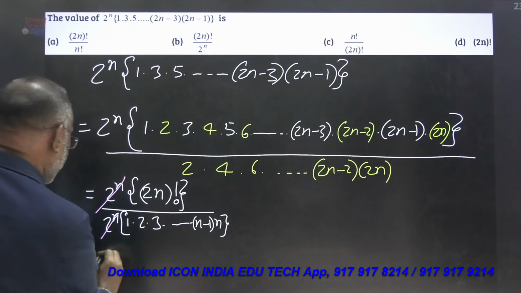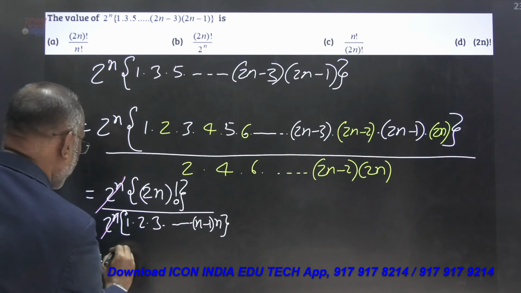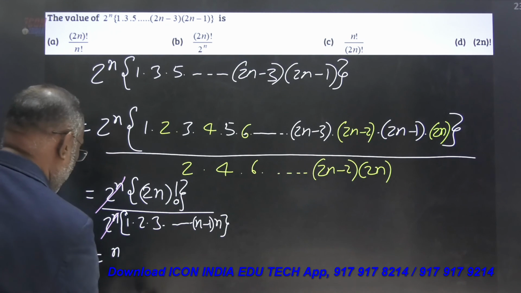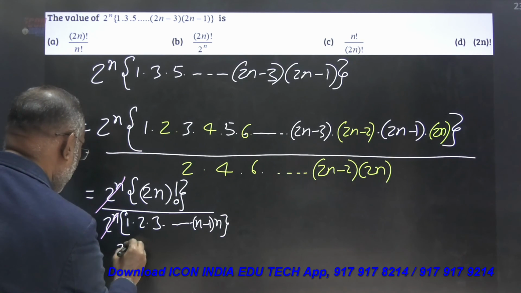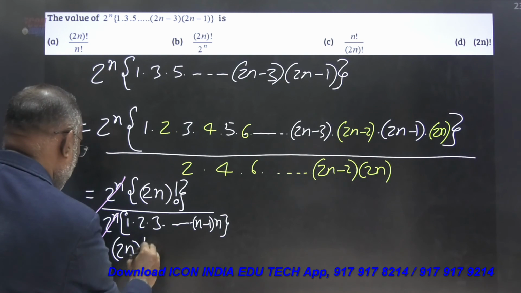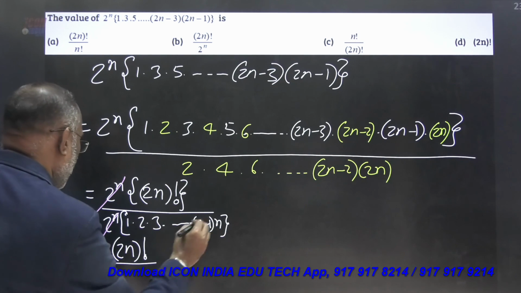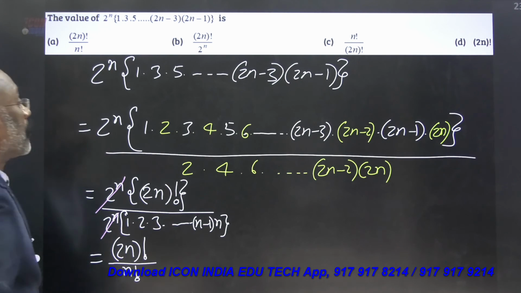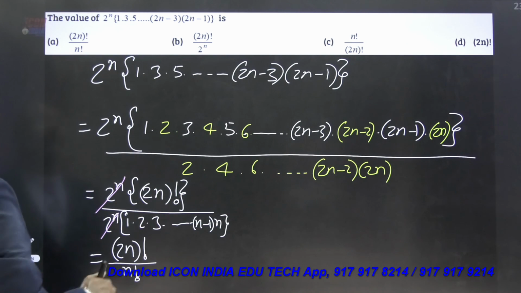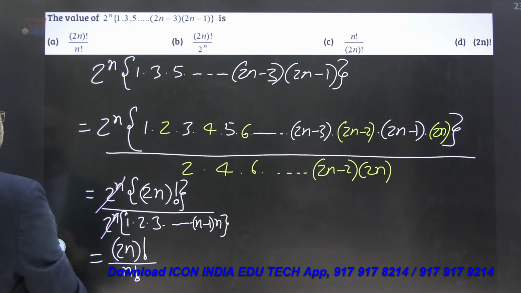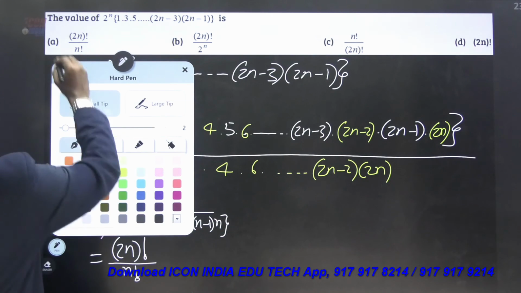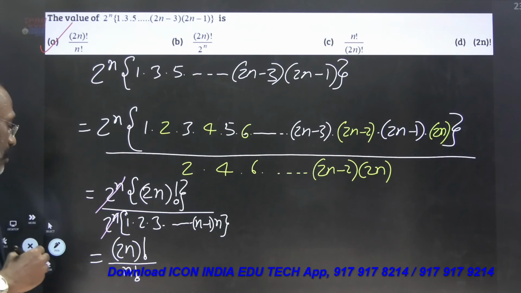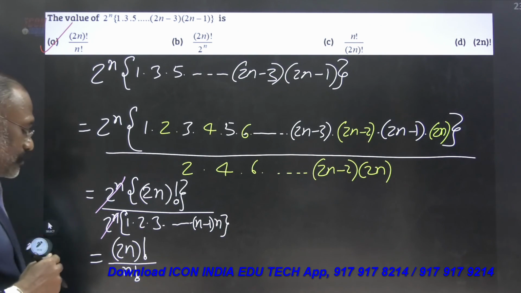It is 2n factorial divided by the denominator, n factorial. So this is a problem you have to understand, and your option there is A, 2n factorial by n factorial.